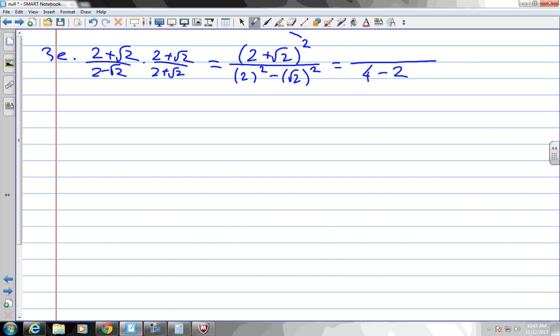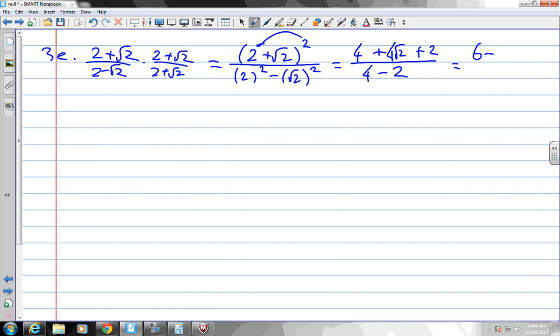So that's first squared, so that's 4, right? 2 squared, plus the double product. If I multiply this 2, that's 2 square roots of 2, and then I double that. So that's 4 square roots of 2, plus the square root of 2 squared, which is 2, plus 2. Just using the formula.